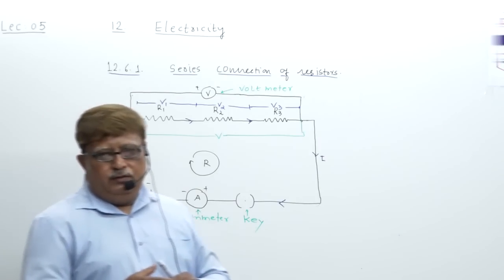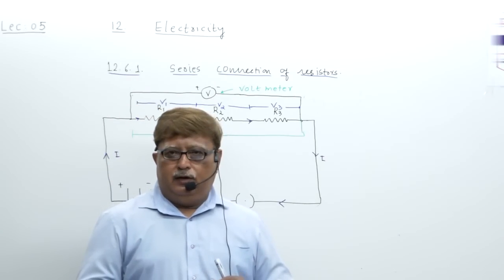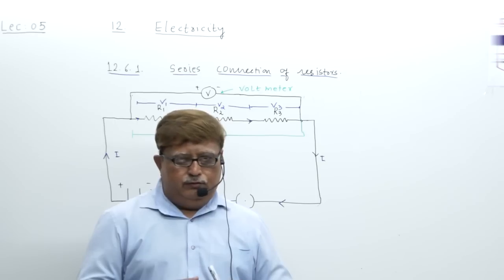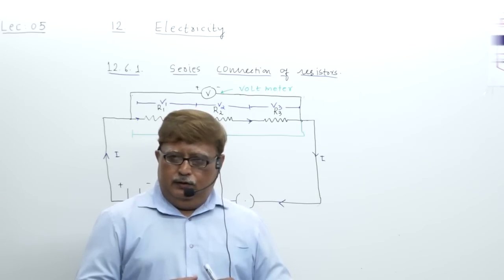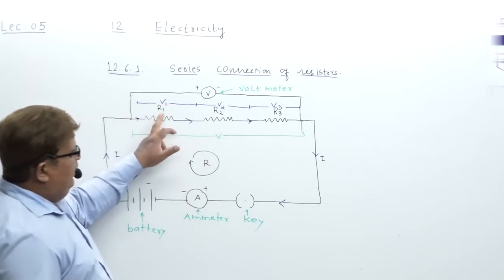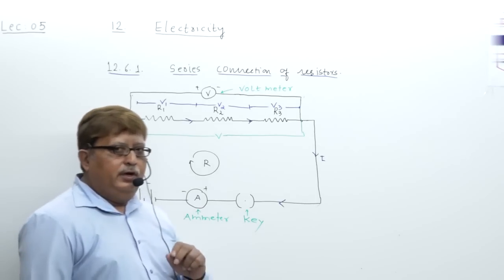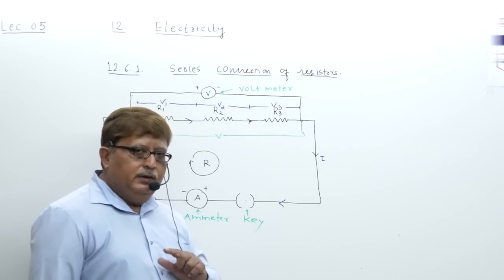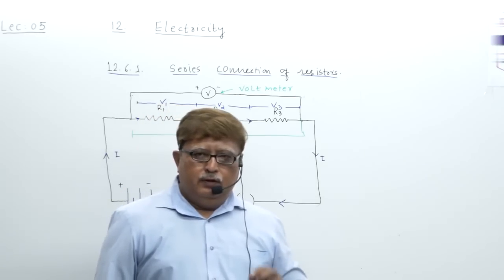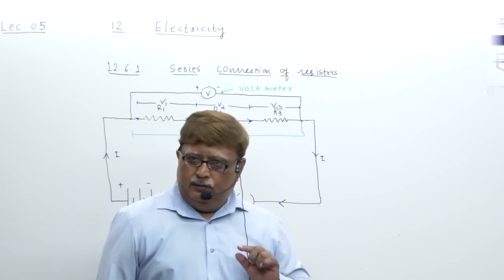Across R1 is V1, across R2 is V2, across R3 is V3. Understand? Suppose I ask you what is the potential difference across R1, can you guess? Can you remember Ohm's law? V equals IR. Yes.